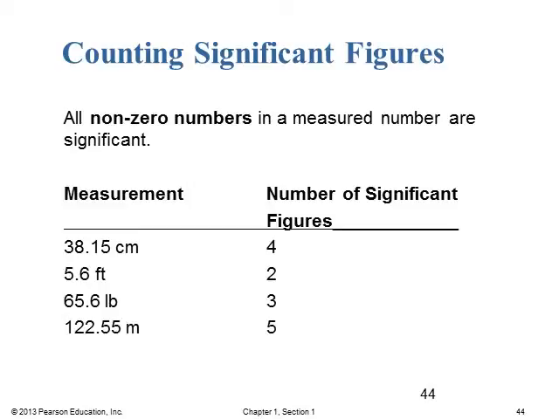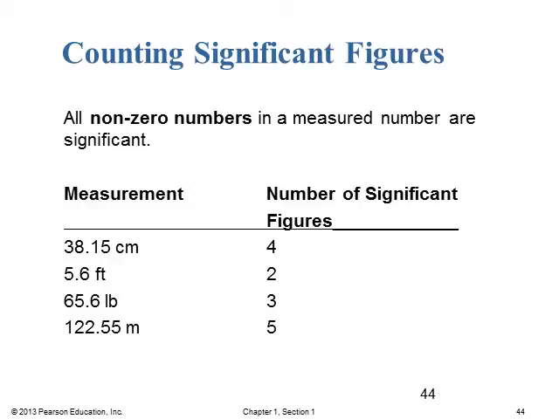In determining how many significant figures we have, one of the first rules is that all non-zero numbers in a measured number are significant. The only confusion in determining how many significant figures there are comes with the zeros, because if it is a non-zero number, it is going to be significant.